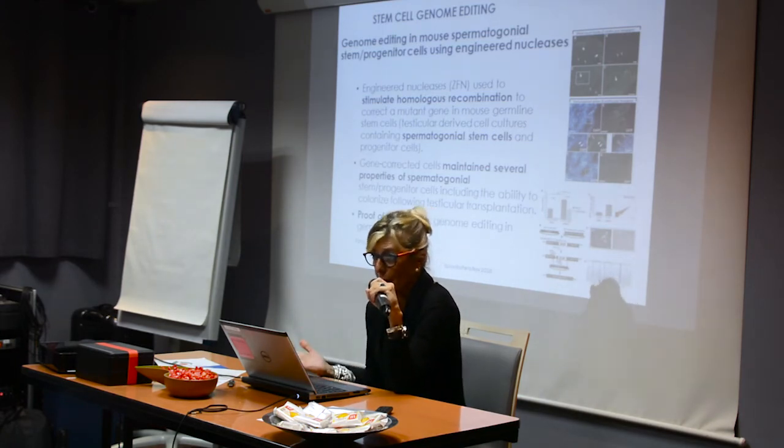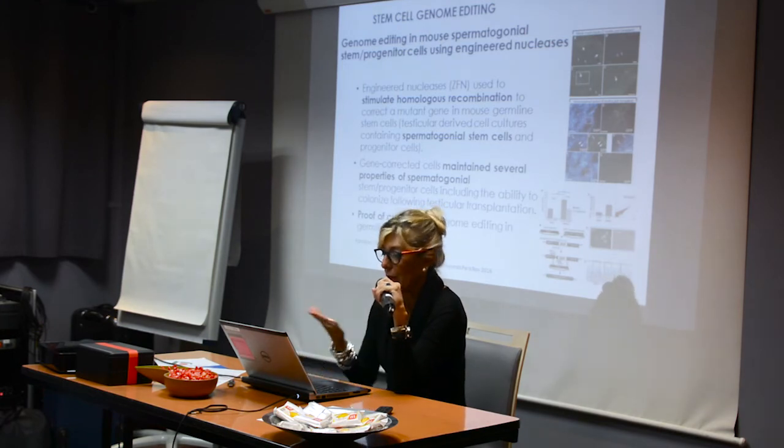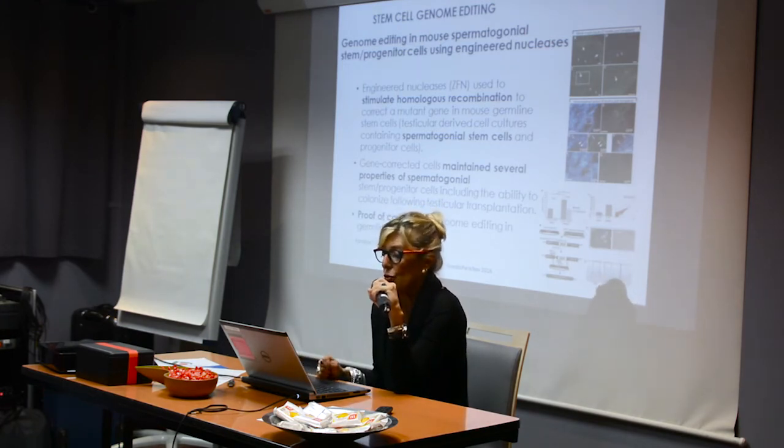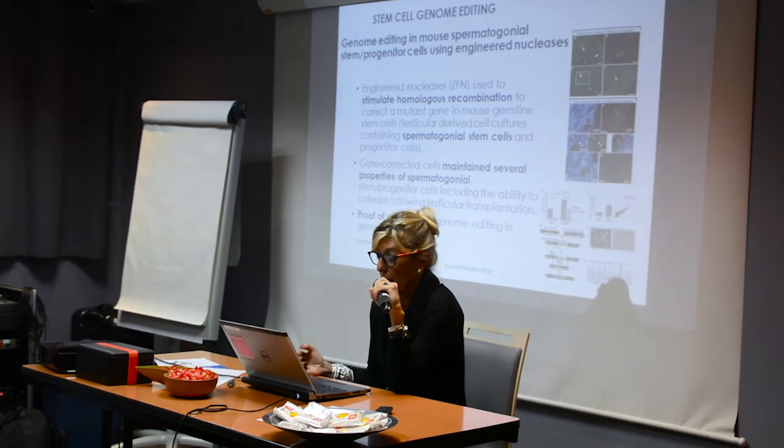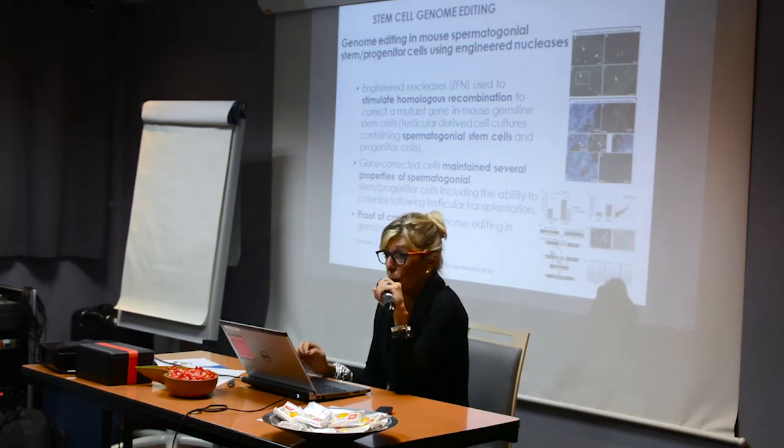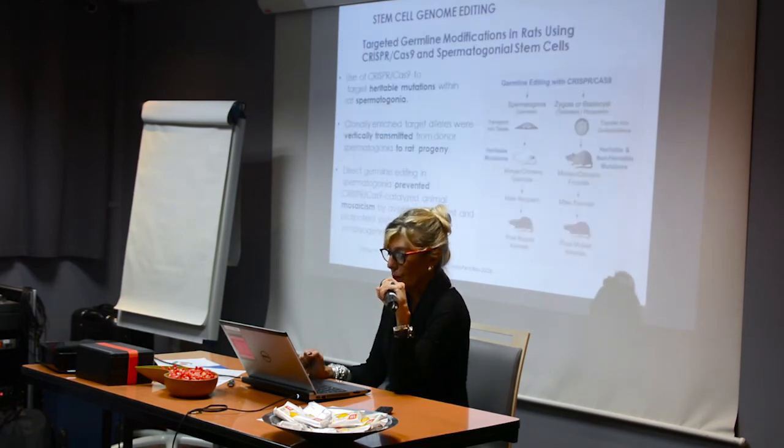The same thing could have been done with CRISPR-Cas, but they used them to stimulate homologous recombination in spermatogonial stem cells. What they got is the correction of the cells, and these cells maintain several properties of spermatogonial stem cells, and in fact this was one of the first papers that showed the proof of concept for genome editing in germline cells, in that case in the mouse model.